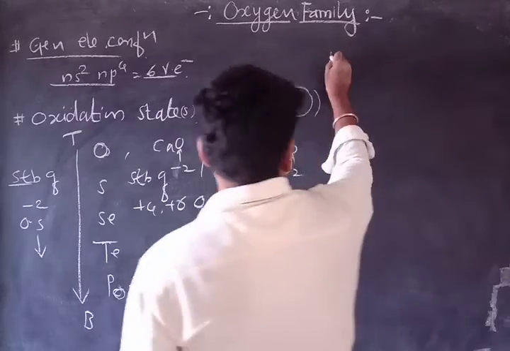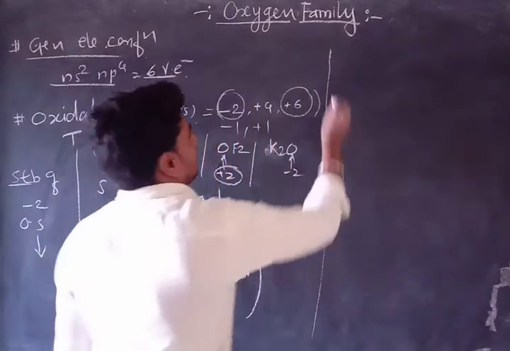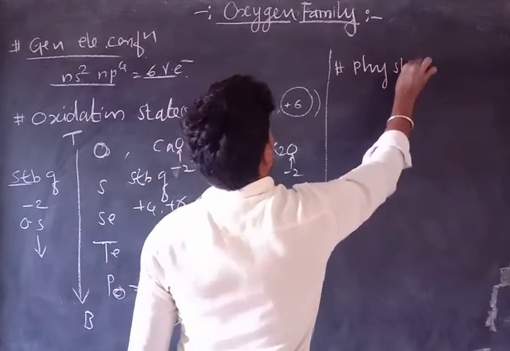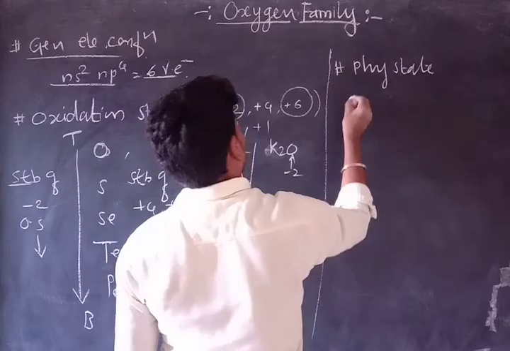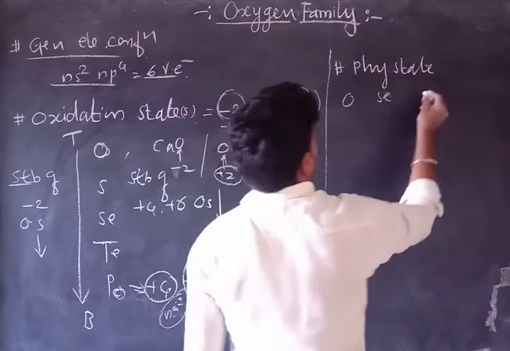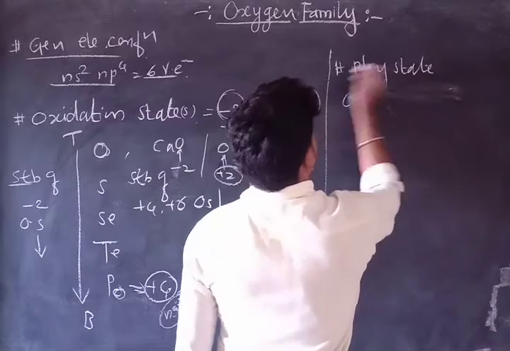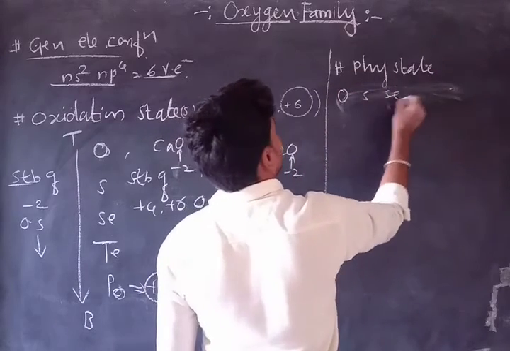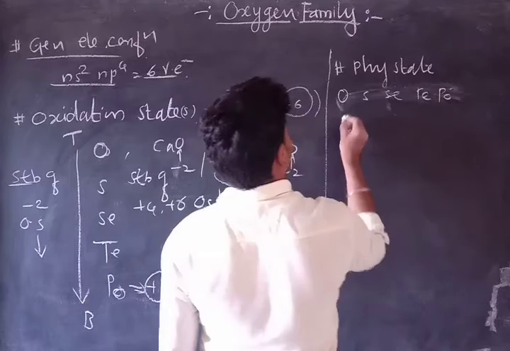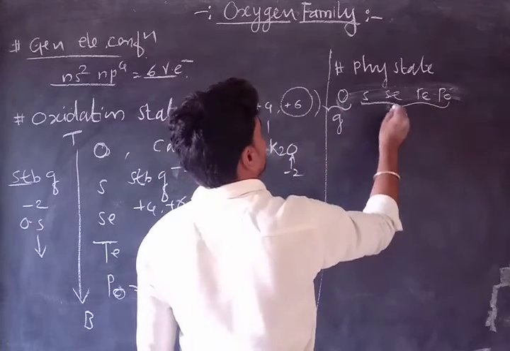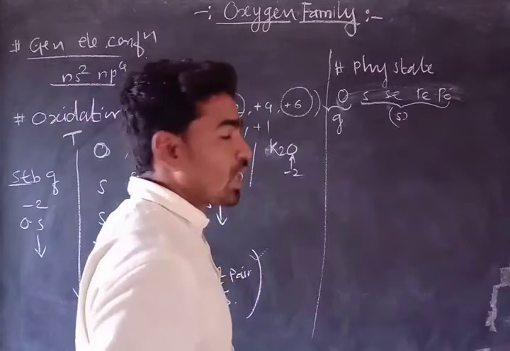After this oxidation state, here we know the physical states. As I have already told you, only oxygen is found in a gaseous state and all others are found in a solid physical state.